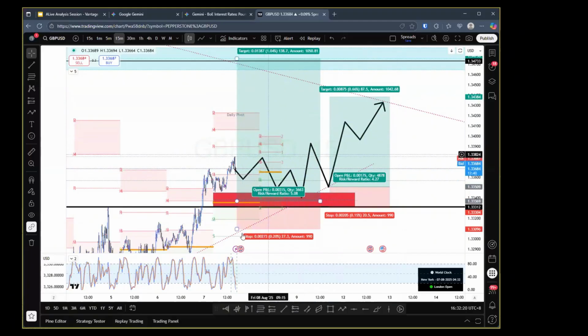This first trade here is based upon yesterday's move. This entry here will be based upon the actions of today's move, coupled with yesterday's move, and we'll take the high retracement up to this upper boundary.